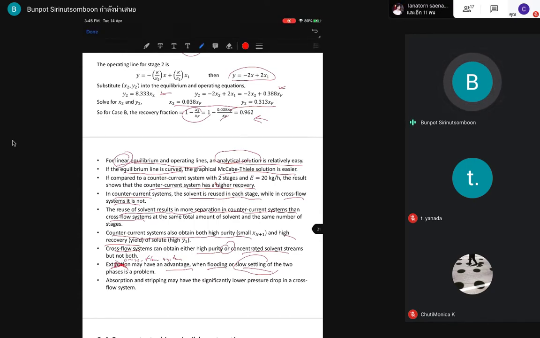Basically, what I want to say is that there are pros and cons between cross flow and counter current. For counter current, you get a better separation, but maybe you have more problems with flooding and slow settling. That's what you have to keep in mind.